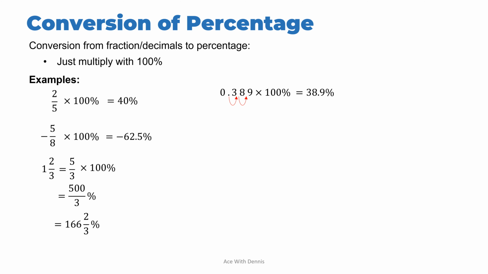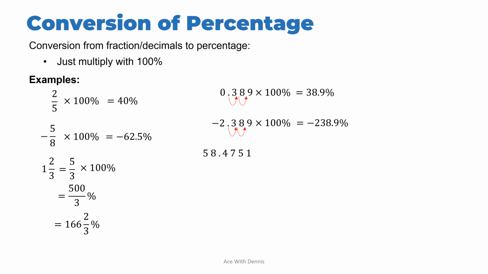So the answer is 38.9%. Let's look at another example, negative 2.389. To convert to percentage, just multiply by 100%, moving the decimal point 2 places to the right. So 1, 2, and the answer is negative 238.9%.